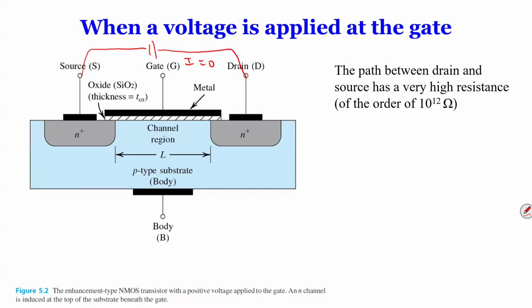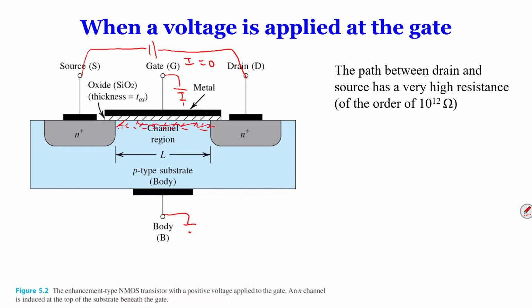Right now, the channel has no electrons. But something changes when we apply a voltage at the gate. Remember what I said before: when you apply voltage here, all the electrons are going to form this channel. So all the electrons are here.